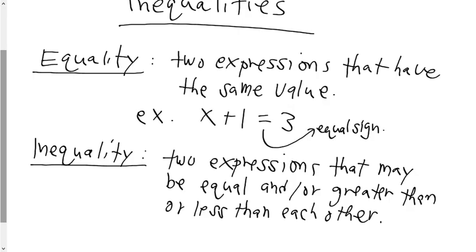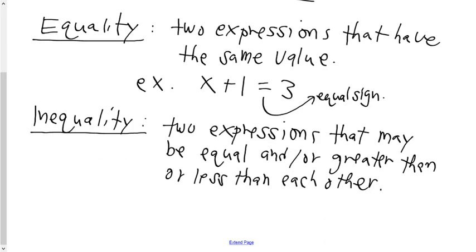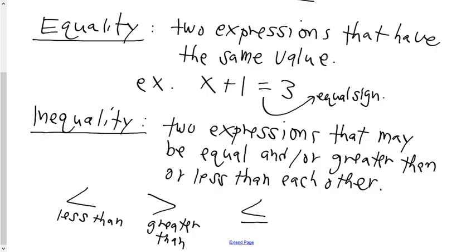Now, you do know from your experience that this sign means less than. This sign means greater than. And your two new signs that you never saw before would be this sign. Anyone want to take a stab at that one? That's right.